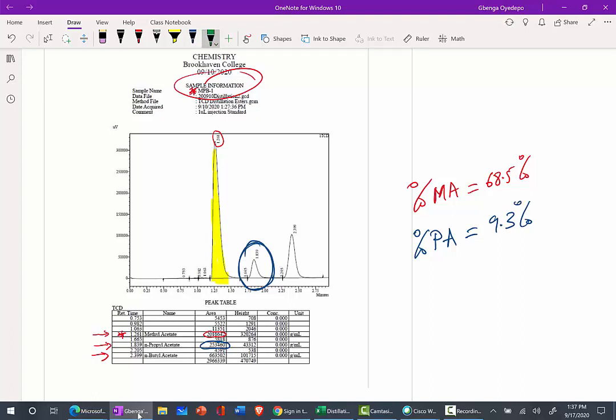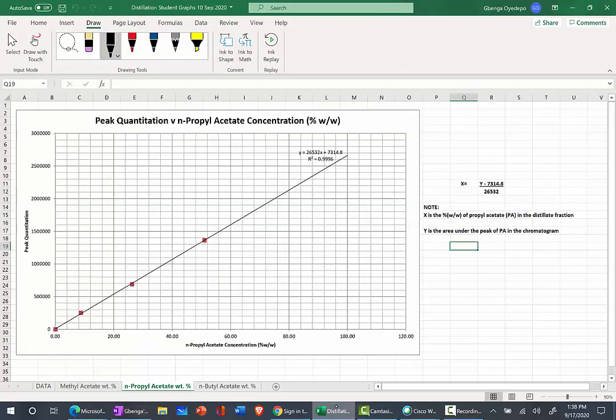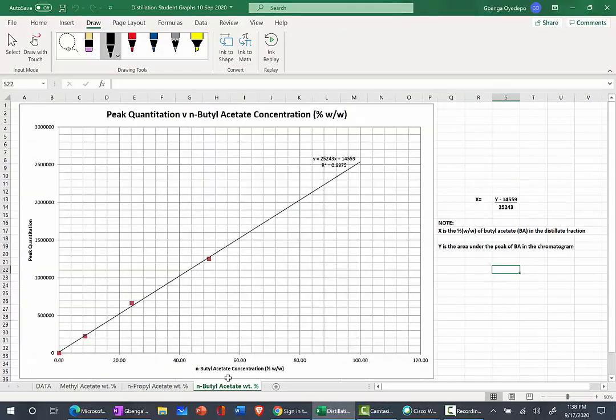And lastly, on this chromatogram, let us determine the percentage of N-butyl acetate from the peak. The area under the peak for N-butyl acetate is 663502. I will plug that area into the equation for N-butyl acetate as obtained from the calibration curve.